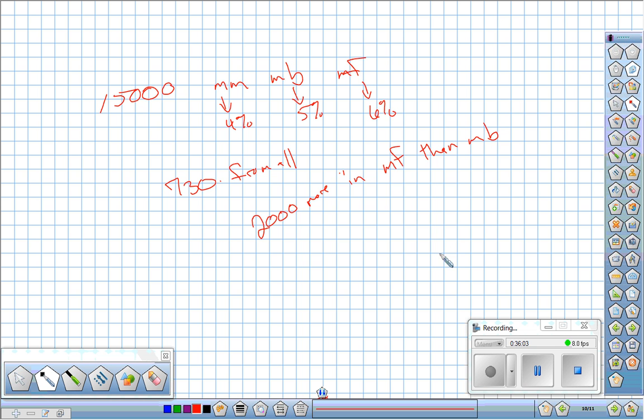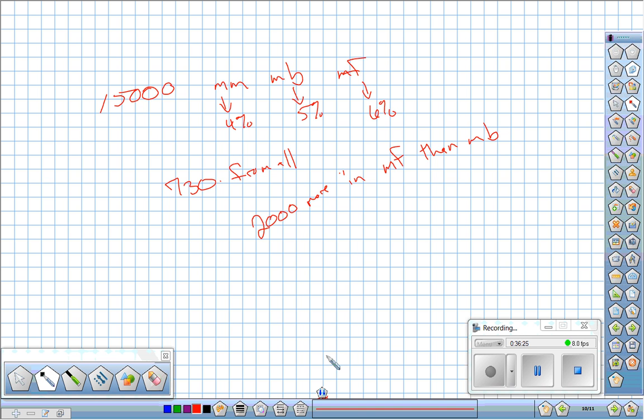Okay, find the amount that he invested in each category. So since we have three variables, that means that we need three equations. If we do not have three equations, then we cannot solve anything. So if you can only write two equations and you have three variables, you can't do anything.